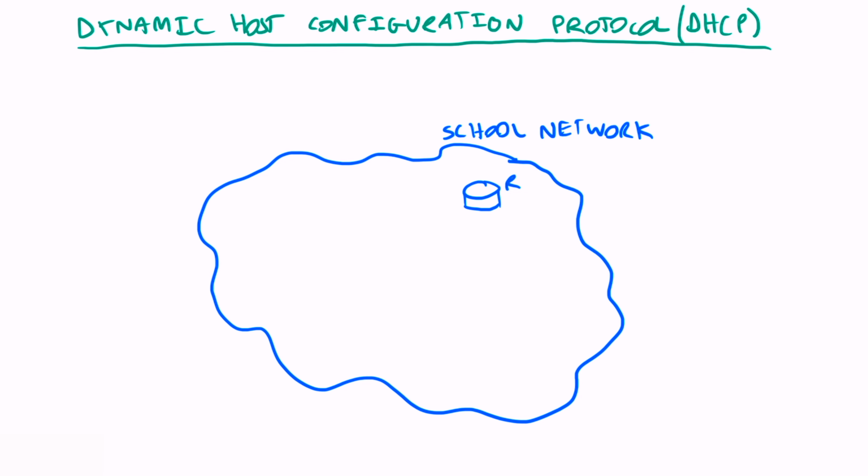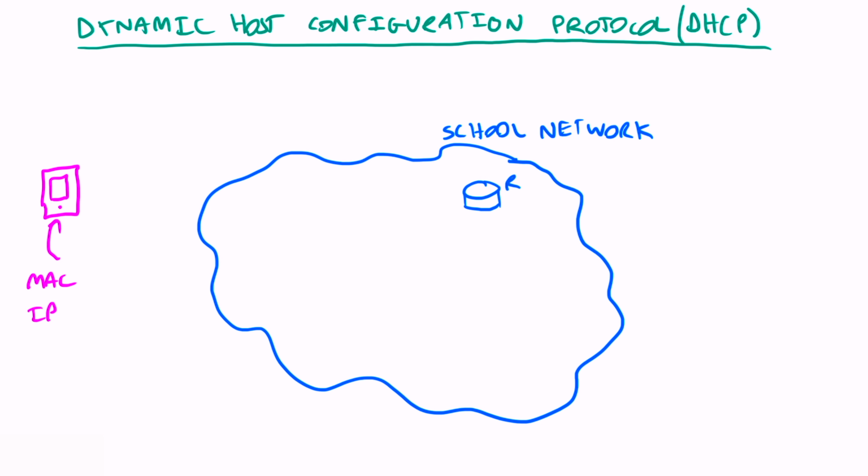Okay, so Dynamic Host Configuration Protocol, also known as DHCP, is a protocol designed to assign IP addresses to devices. And the reason for that is because a device will not have a permanent IP address. It will have a permanent MAC address, but not a permanent IP address.